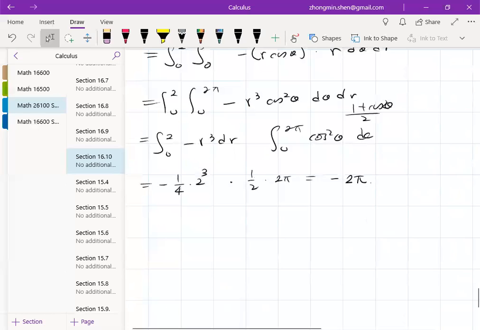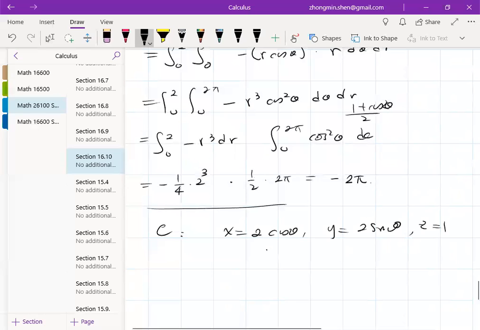The parameterization for the line integral is going to be x equals 2 cosine theta, y equals 2 sine theta, z is going to be 1, with theta between 0 and 2 pi.